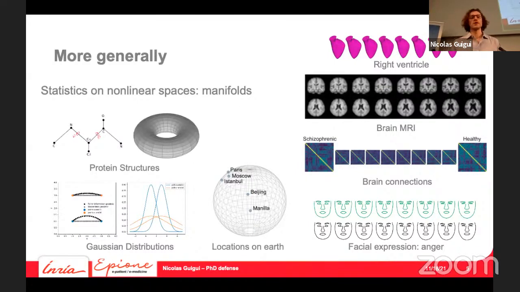This could also occur to analyze evolutions of the brain acquired from MRI, or to characterize brain connections when represented by their covariance matrices of some signal from fMRI or EEGs. But also even in greater fields to characterize protein structures.